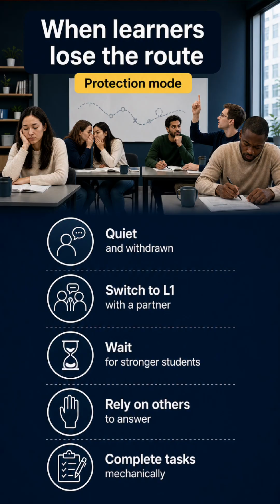When learners don't feel the route, they protect themselves. How? They become quiet. They switch to their L1. They wait for stronger students. They complete tasks mechanically. So the problem here is not motivation. The problem is that the lesson has not made the next step feel necessary.